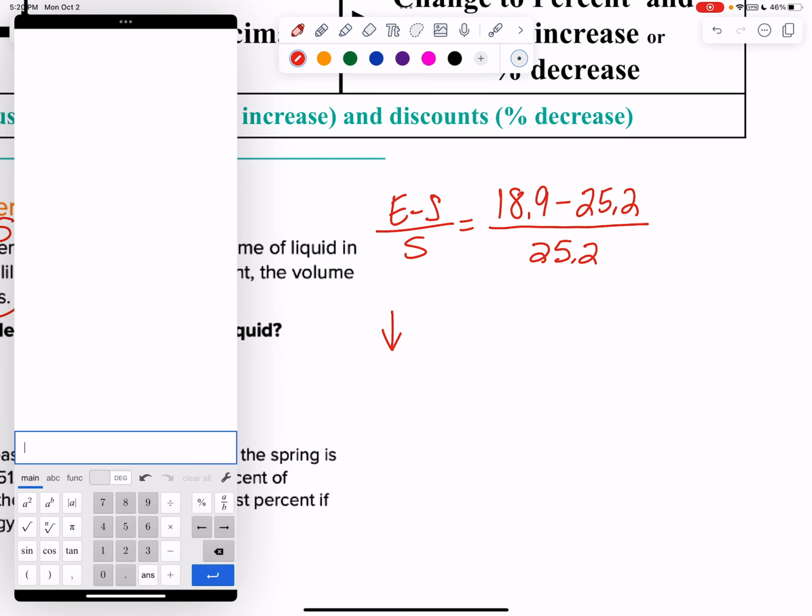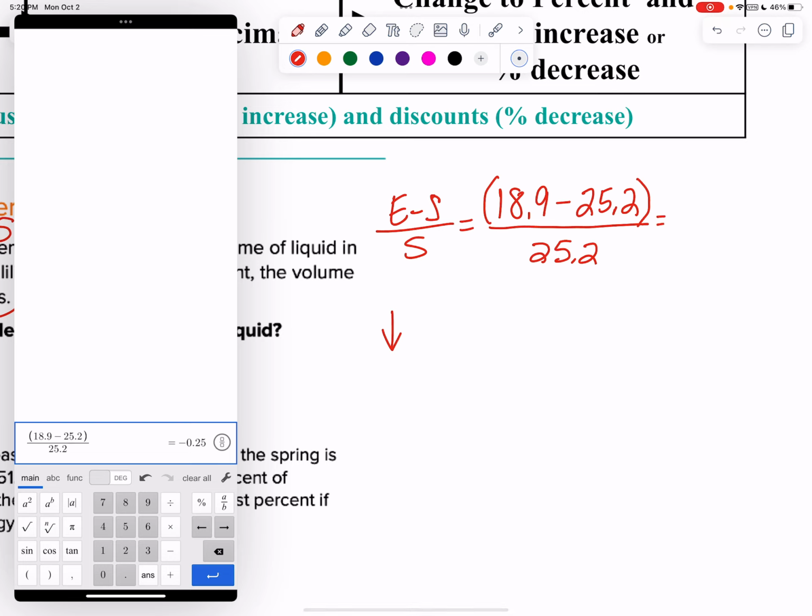In parentheses, my 18.9, minus the start, 25.2, and then divided by the start, 25.2, and we get a negative 0.25.